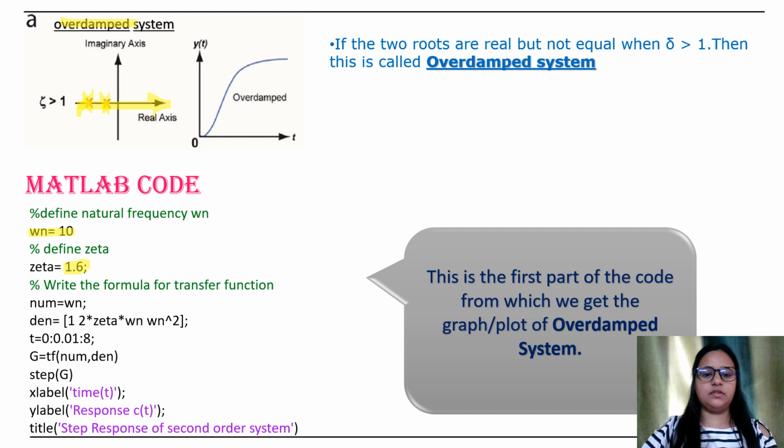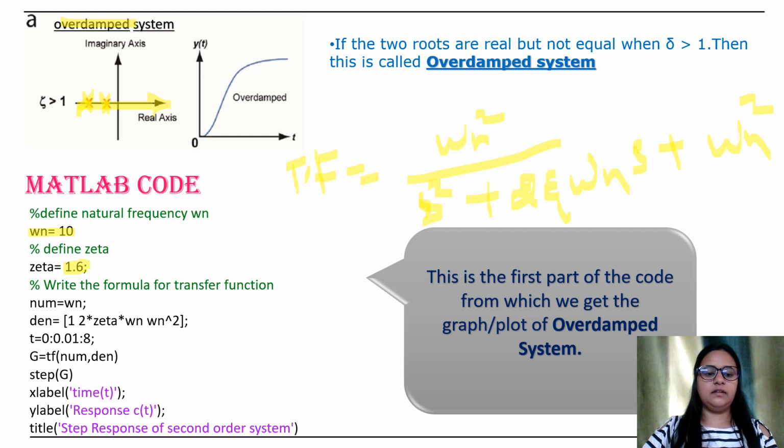The transfer function is equal to omega_n^2 divided by s^2 + 2 zeta omega_n s + omega_n^2.